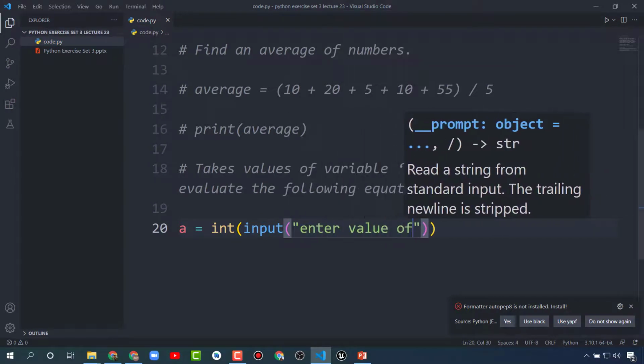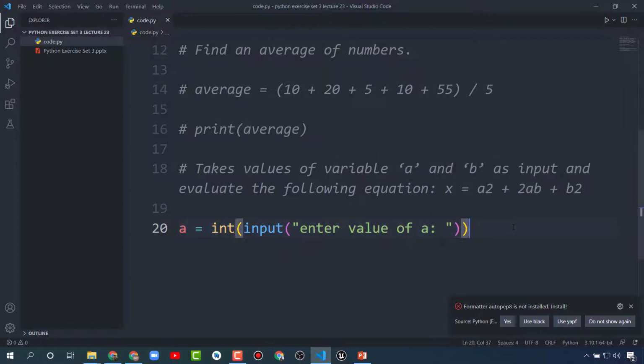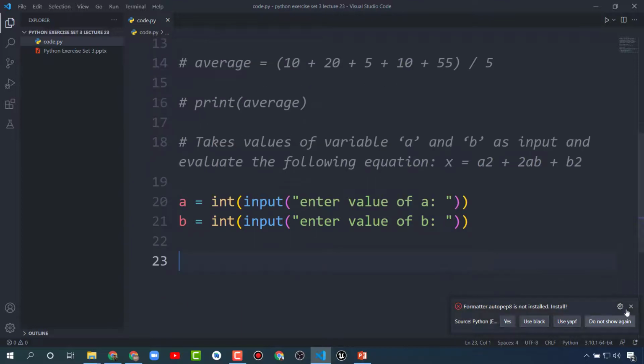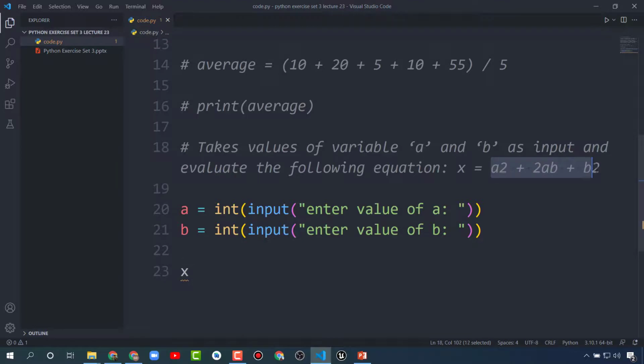Enter value of a, enter value of b, and then we create a variable x and solve this equation. To do the square of any number, we multiply that number with itself.